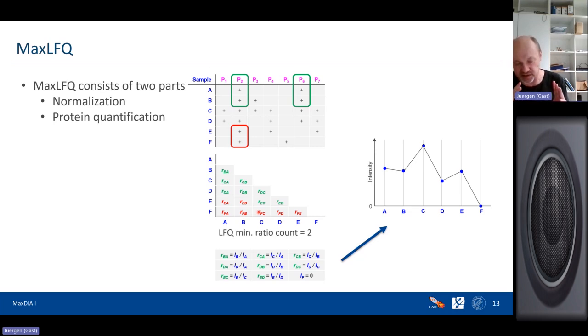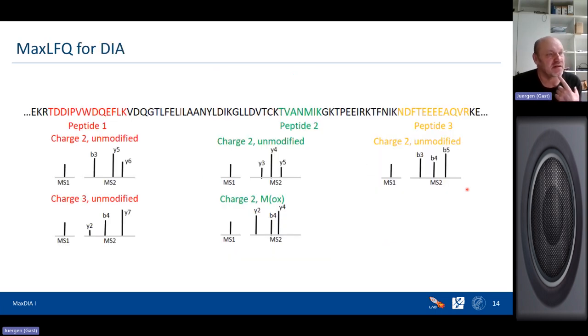Basically, taking all the peptides that are in common between these two samples, and then by some intricate median calculation, reporting a pairwise ratio, and then going from this triangular matrix of pairwise ratios by some optimization to an intensity profile that tries to extract the most optimal quantification profile from this pairwise distance matrix. If you now go from DDA to DIA, the advantage is that you have more independent data than you have in DDA.